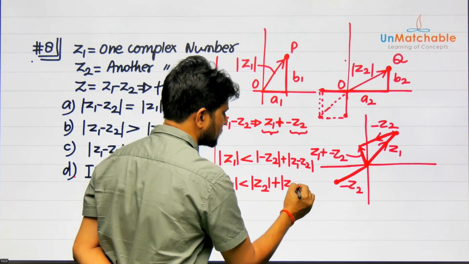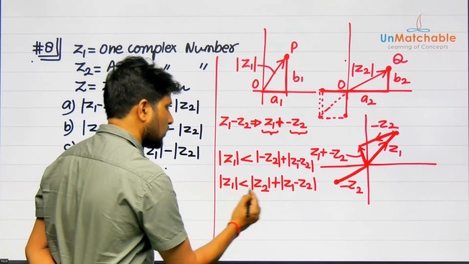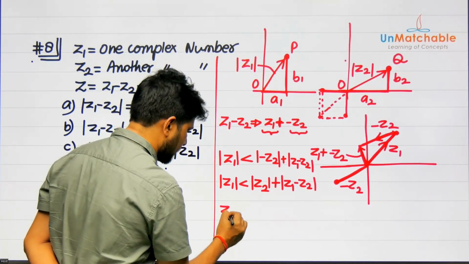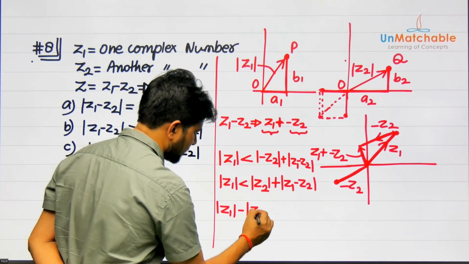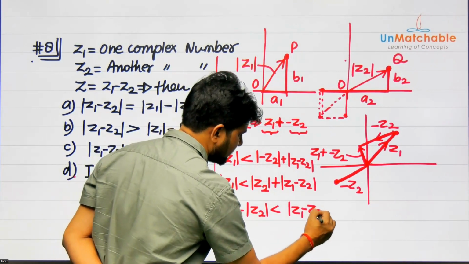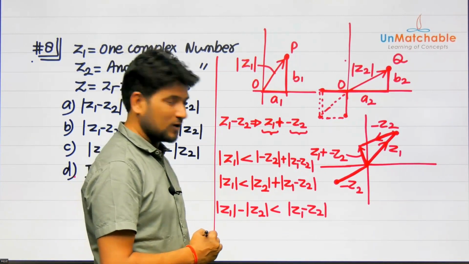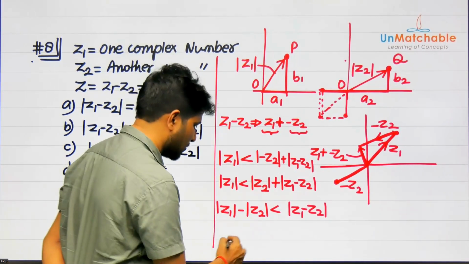Minus z2 modulus and z2 modulus, they both are similar things. So now I have z2, I can take this side, and if I take z2 modulus this side, I will have z1 minus z2 modulus greater than the difference of their individual moduli.